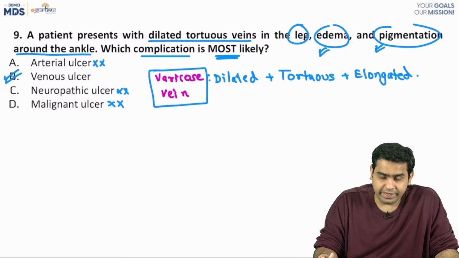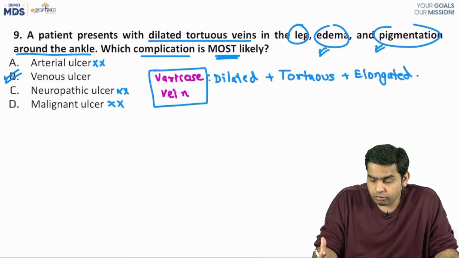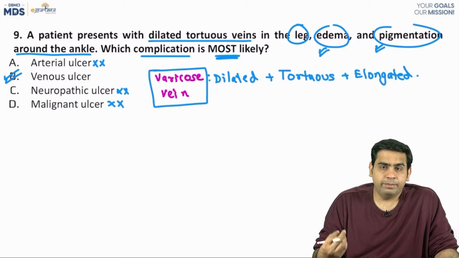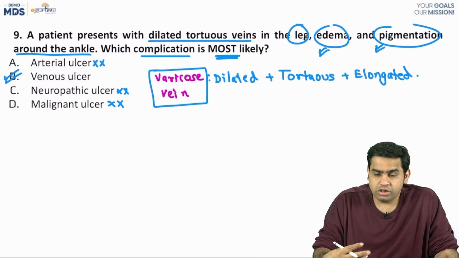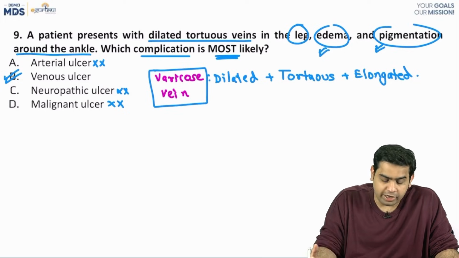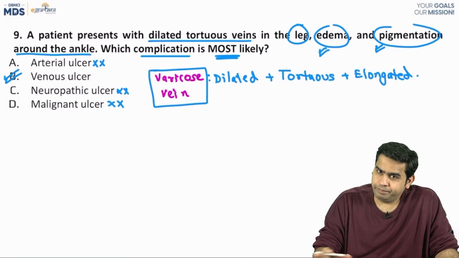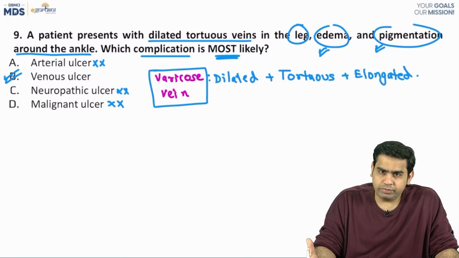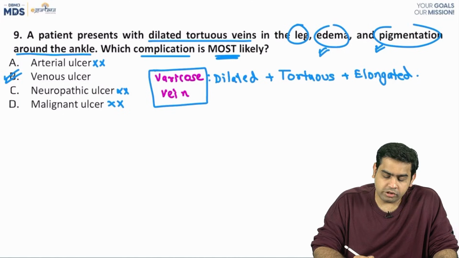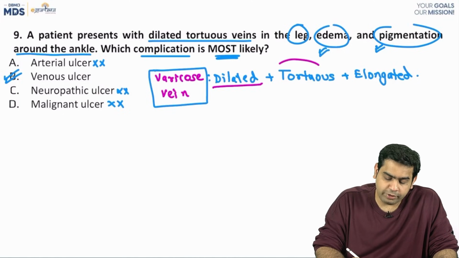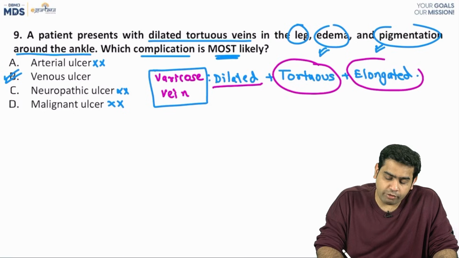Okay. So that's what you need to understand. If there is a varicose vein, and if it leads to pigmentation and skin changes, ultimately the patients are going to land up with venous ulcers. As simple as that. Question was pretty simple, nothing major, but all you need to understand is that every dilated vein is not a varicose vein. It has to be tortuous and it has to be elongated as well.